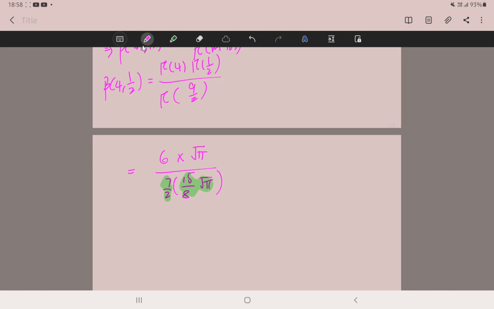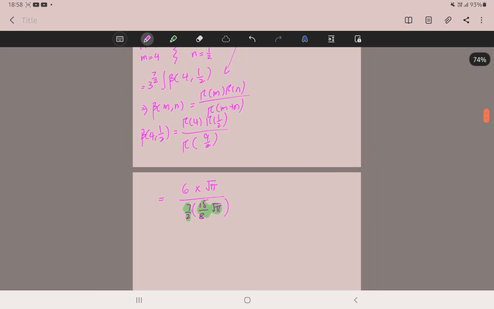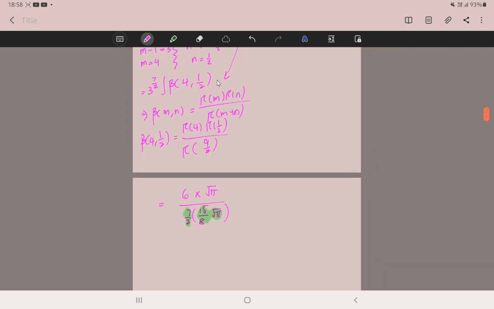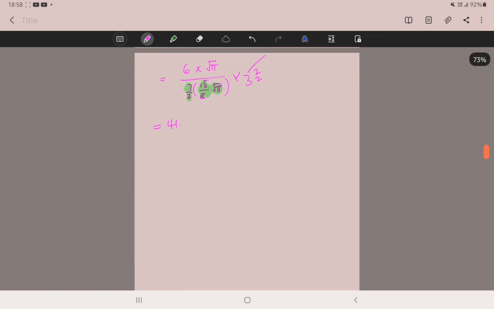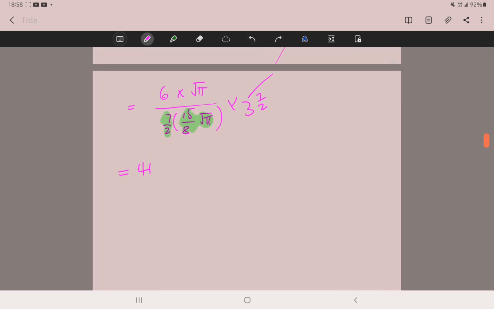And then we multiply with, don't forget, we still have the constant over there, 3 to the power of 7/2. So you need to multiply with 3 to the power of 7/2. If you evaluate this using your calculator, you will eventually arrive at the answer of 42.76.